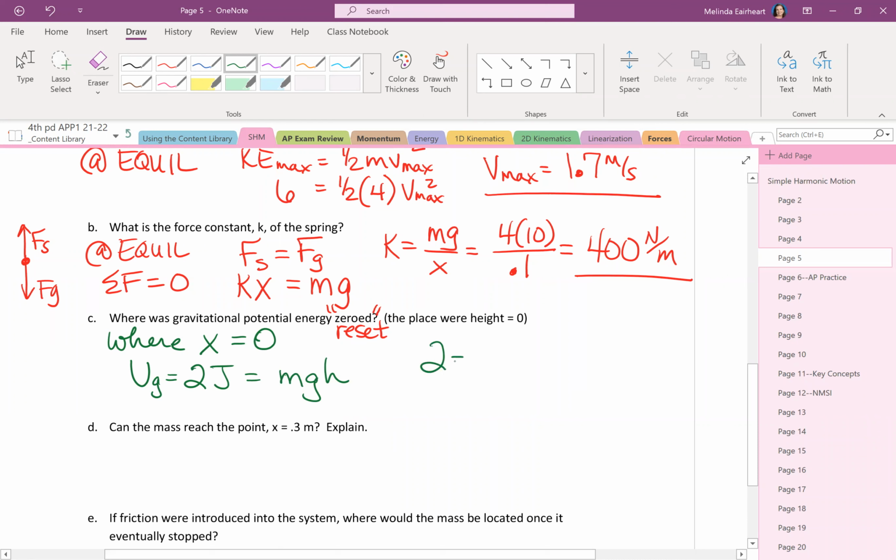And so 2 equals, our mass was 4, gravity's 10. And this height, this position in the vertical is where we're basically going to say 0. But we don't calculate 0. Hopefully you see that. And so we get 2 over 40 or 1 over 20 or 0.05, I believe, meters.